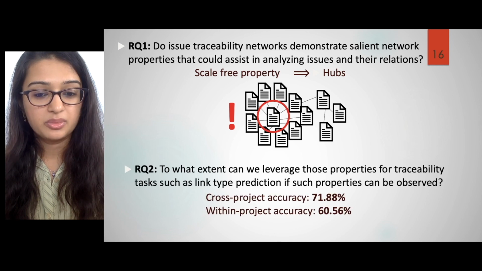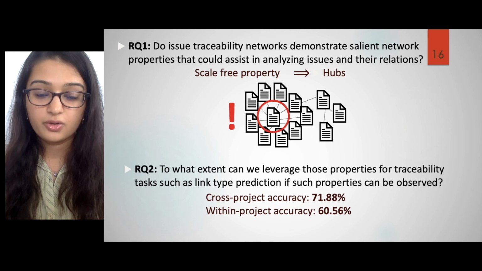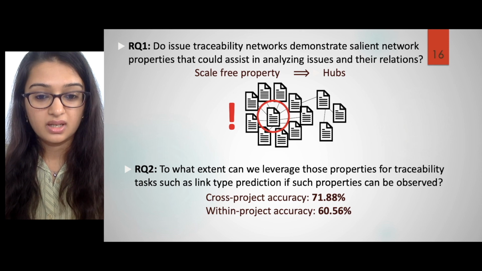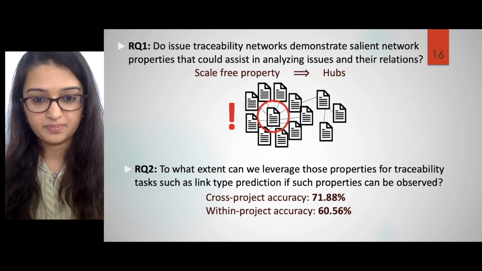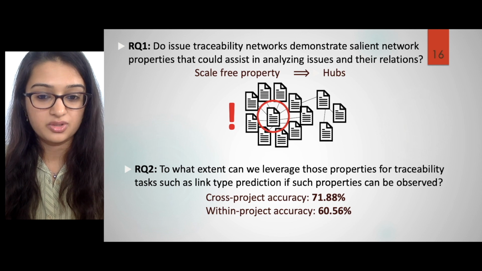We were also able to leverage properties such as triadic closure for traceability tasks such as link type prediction and achieved a cross-project accuracy of 71.88%. And so with this, we show that network properties are useful in informing issue traceability tasks.